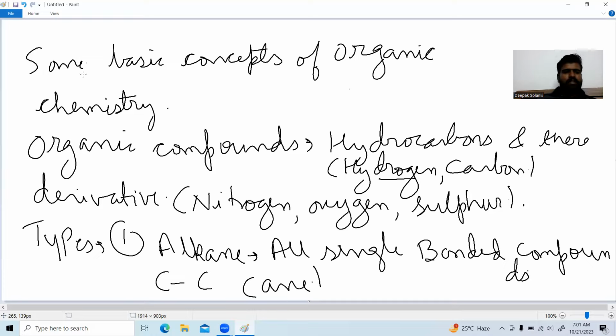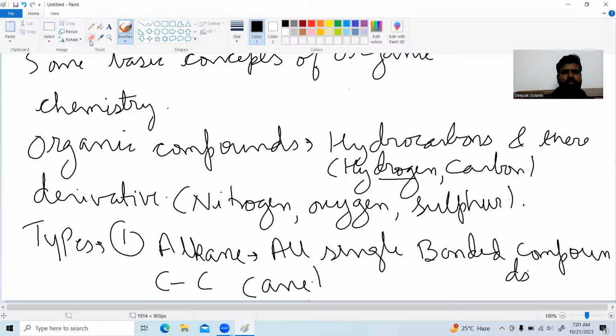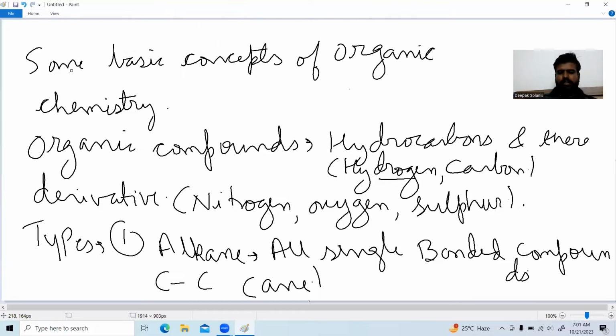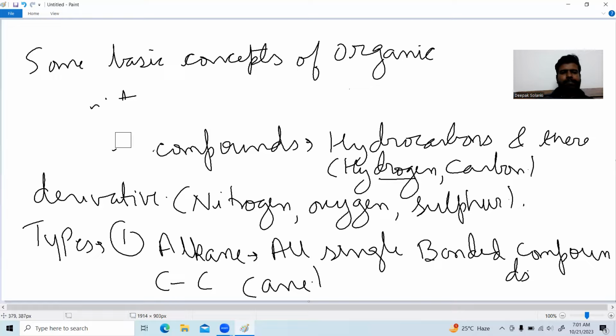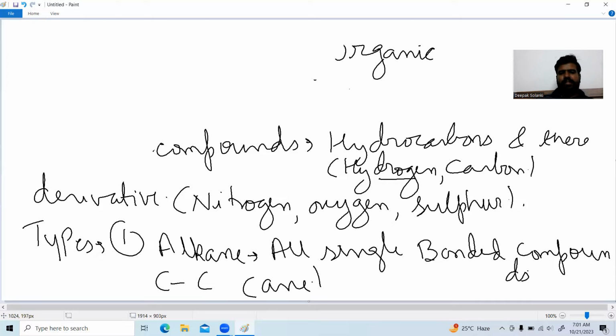For example, alkane consists of the suffix ane. Let me take an example here.